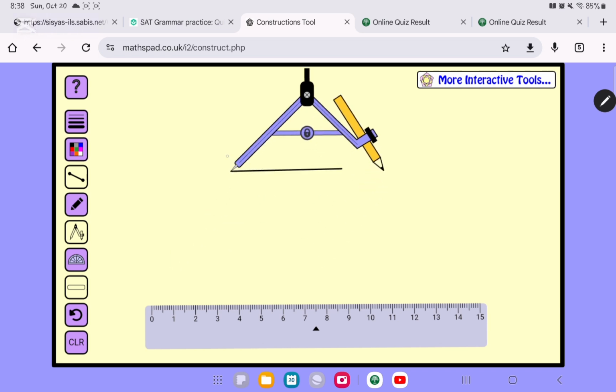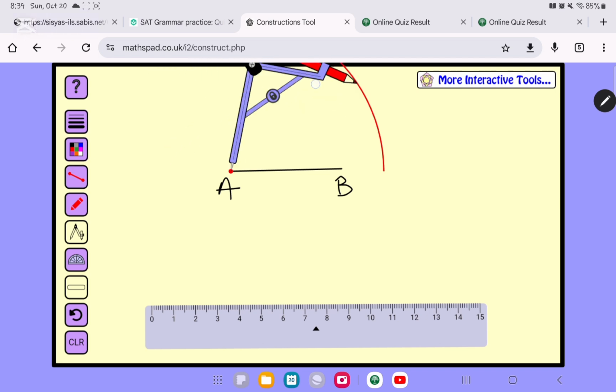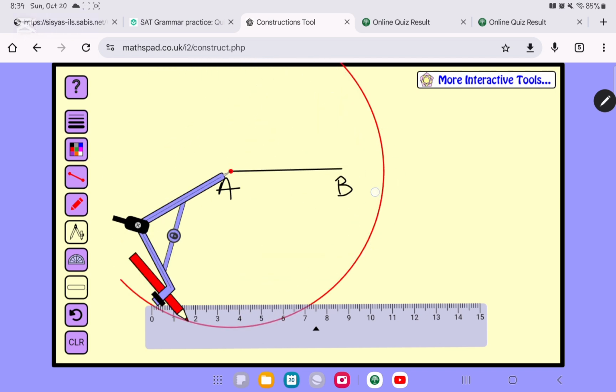Now we are gonna take this segment, I forgot to name it, let's call it AB. We are gonna put the compass at center A, and then draw an arc, a big arc.